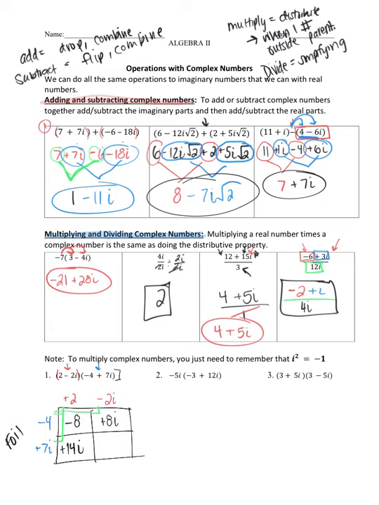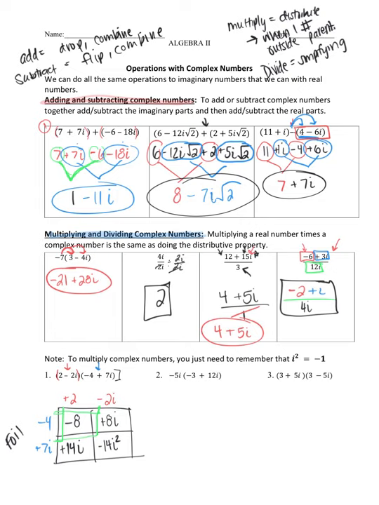And then the last thing I'm going to do is multiply 7i times -2i. And if you remember, I told you guys that we can think of an i as a variable. So think of it as x. And when we multiplied an x times an x, we got an exponent of 2. So this time, we are just going to get an exponent of 2, but this time it's with an i.